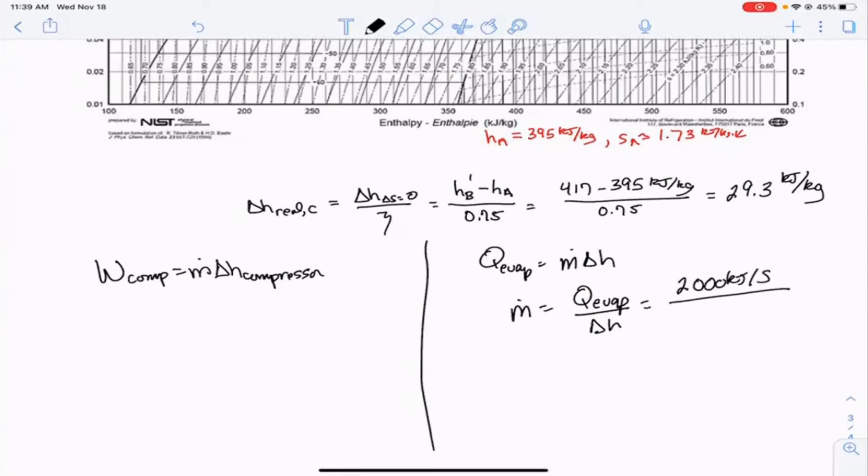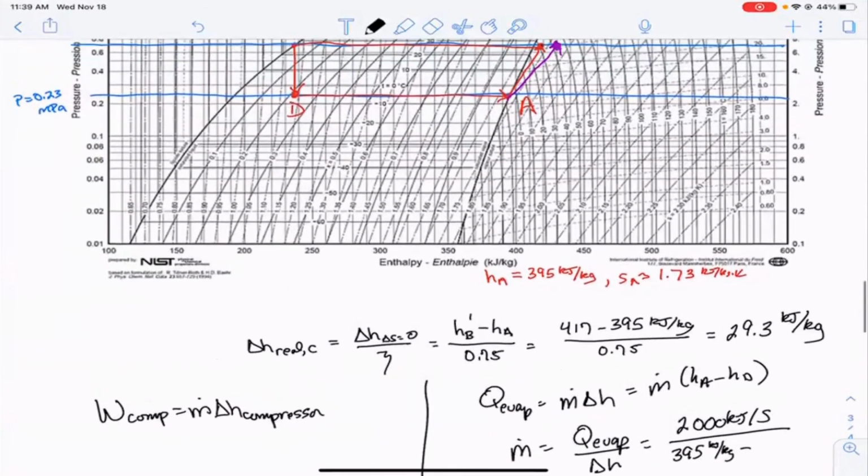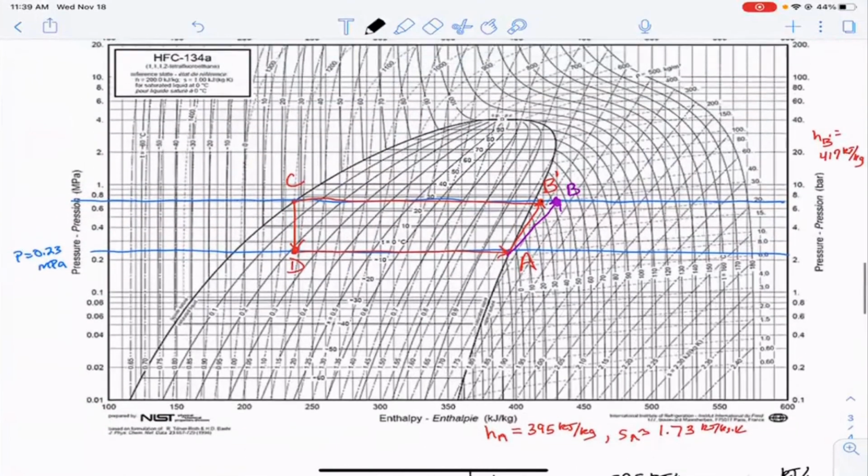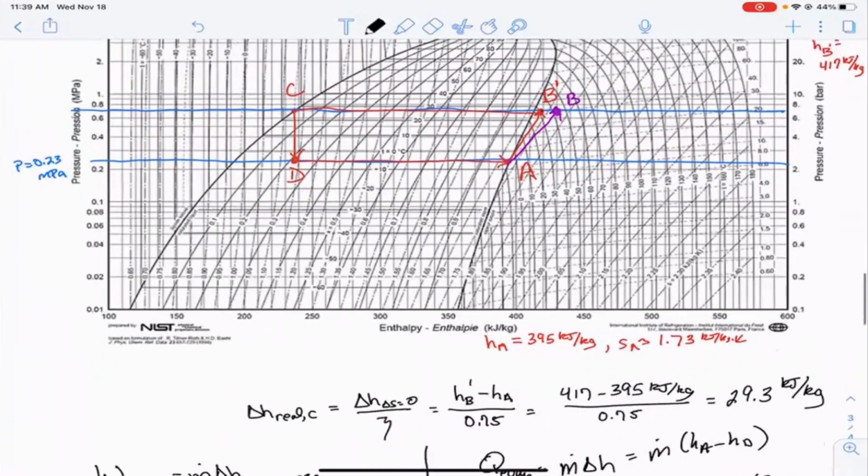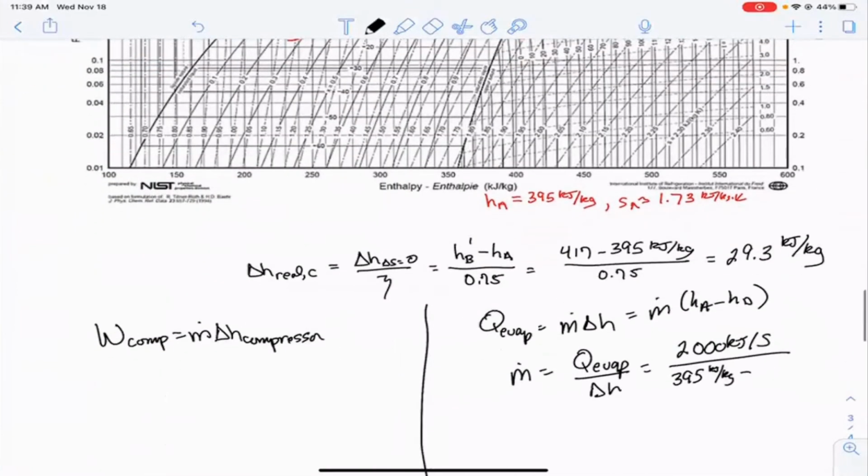And then delta H for the evaporator is just HA minus HD. And so we know that HA was approximately 395 kilojoules per kilogram minus D. And of course, the enthalpy at D, because the valve's isenthalpic, is just the enthalpy at C. And reading that off the graph really quickly, that is about 236 kilojoules per kilogram.